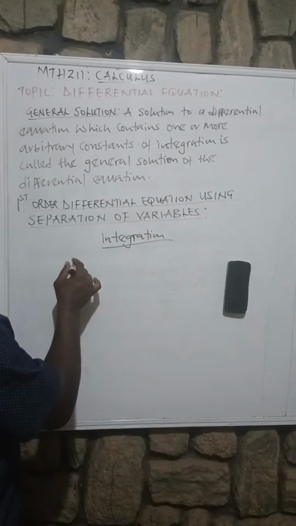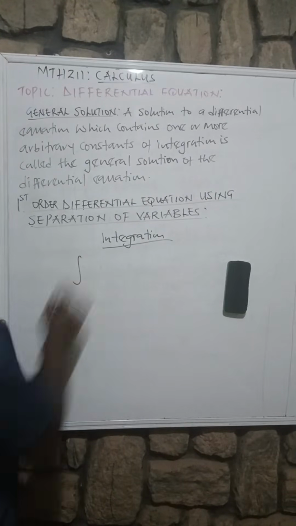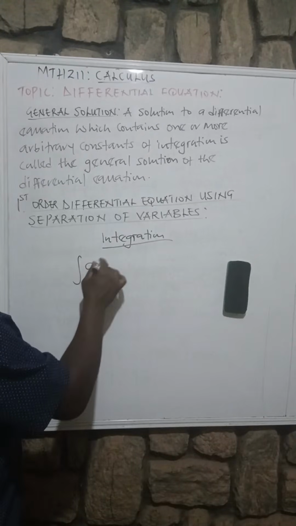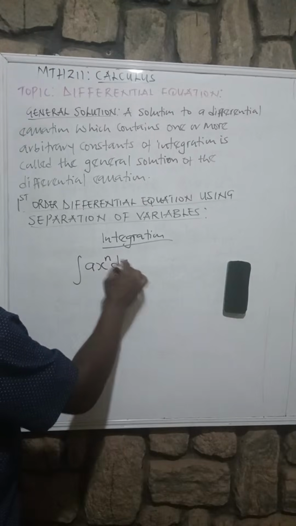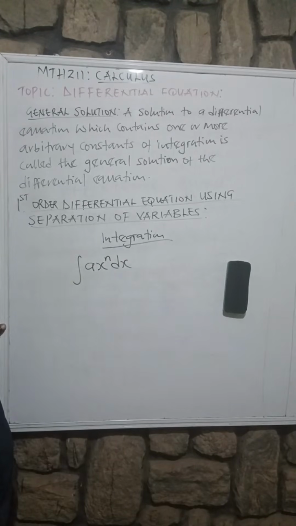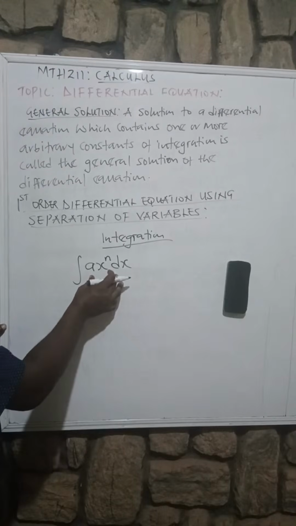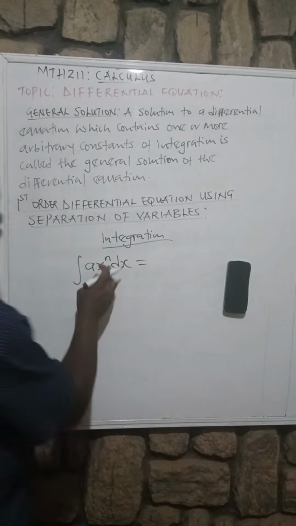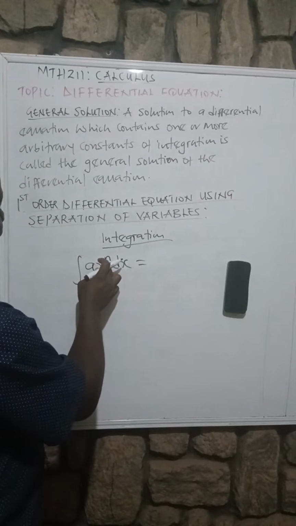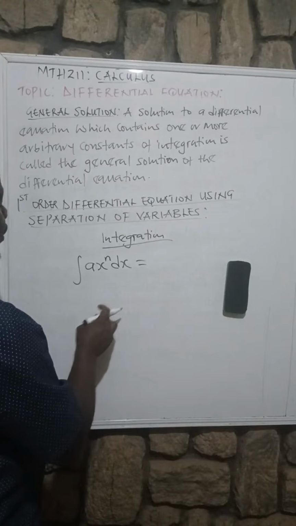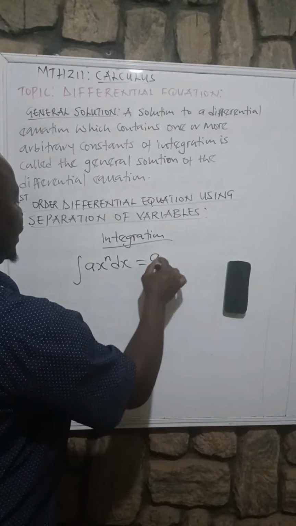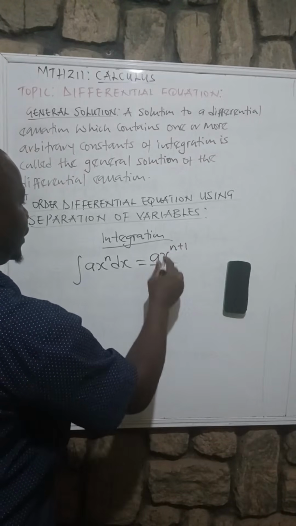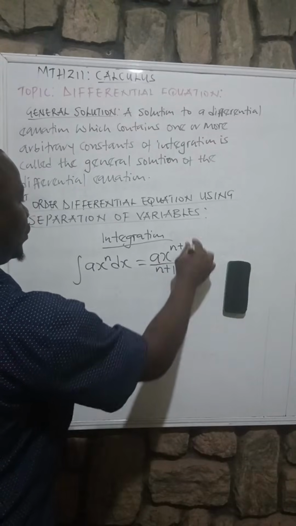Integration, when you have functions of this form, this is ax raised to the power of n dx. If we are asked to integrate this, it means we write ax raised to the power of n plus 1, divided by n plus 1, plus any constant.